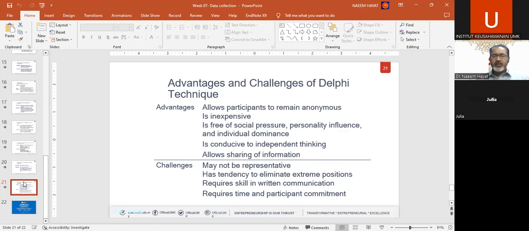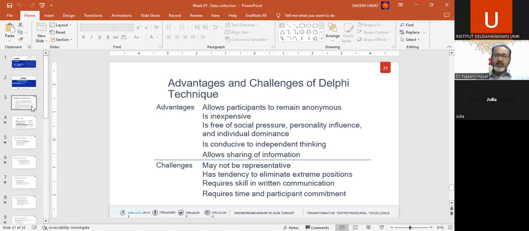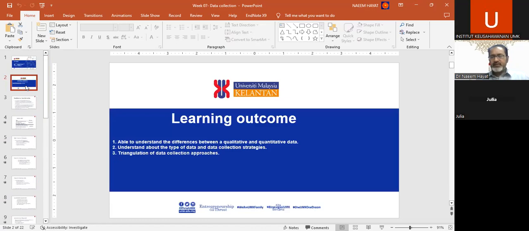But we always advise to have a triangulation of the sources, the method and the respondent, so that we have a varied picture of the reality, so that we can create some reality for the public to understand what is going on, how things are happening and why, and how we can get some answer for our reality, the problem that we try to solve.